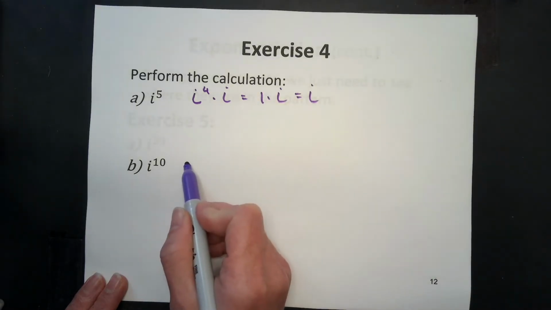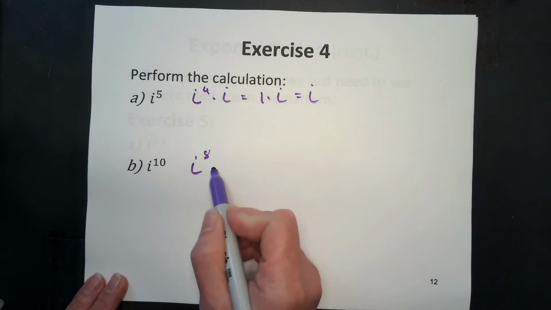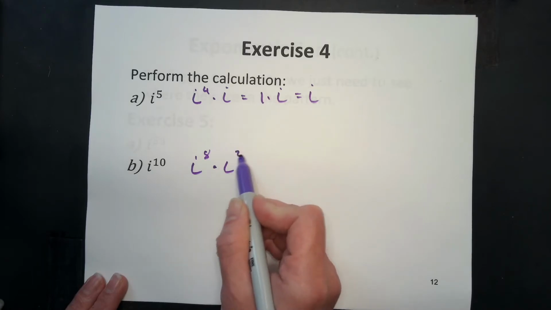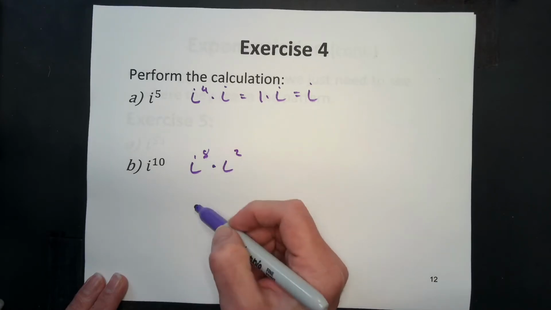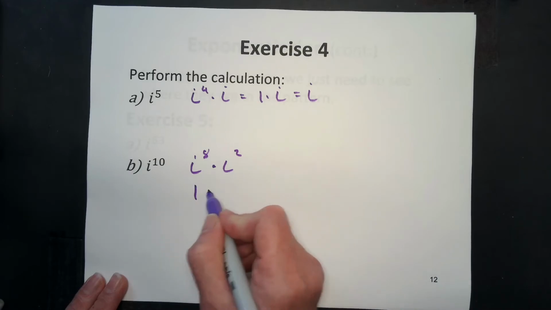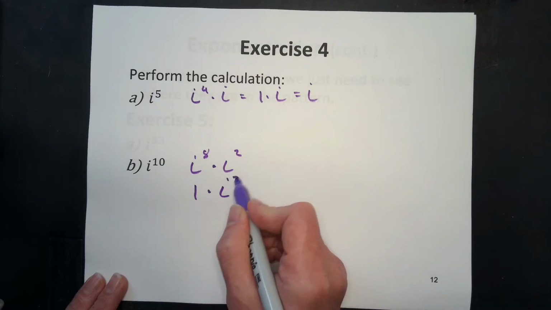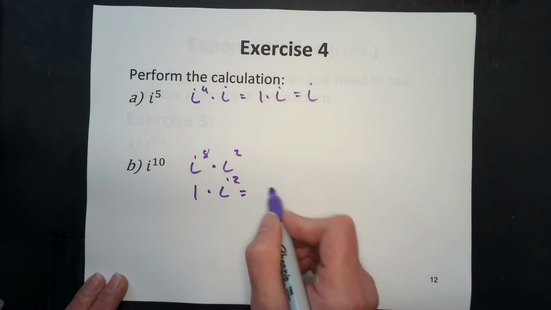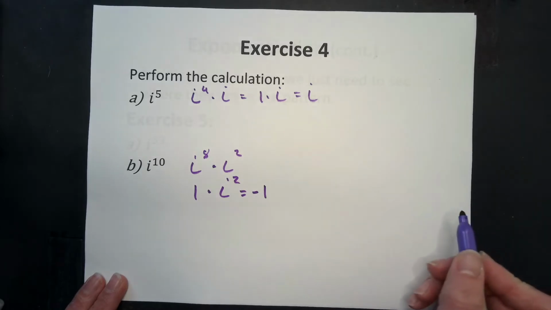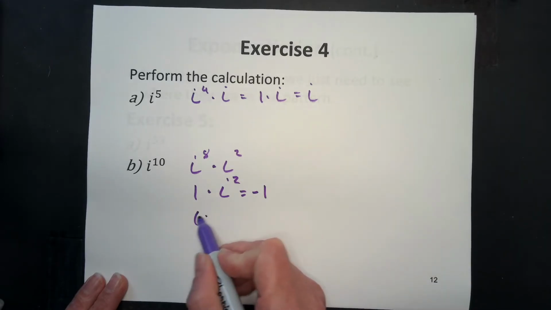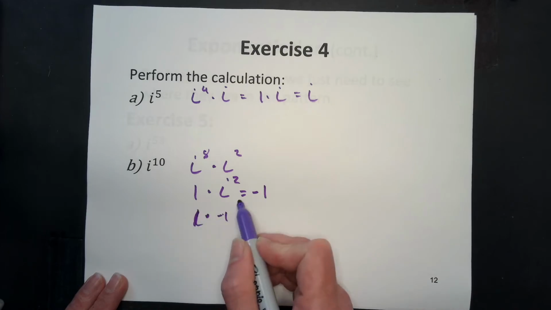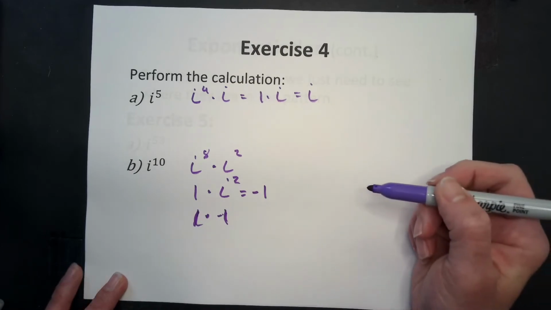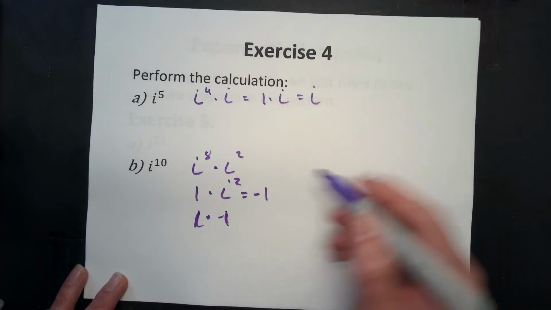Here you can say i to the eighth times i to the second, because i to the eighth is going through it twice, which would be 1 times i to the second, and we said i to the second is equal to negative 1. So this would be negative 1.